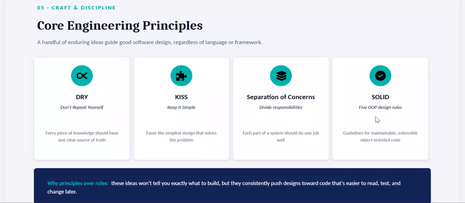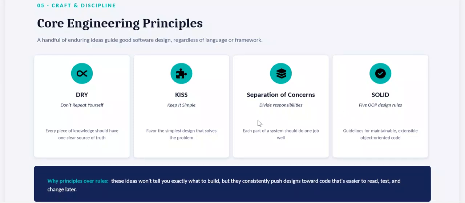So we have SOLID, which is five OOP design rules, meaning guidelines for maintainable, extensible, object-oriented code. So you have to follow the five OOP design rules. This is object-oriented programming. We can actually research that to know more about it.